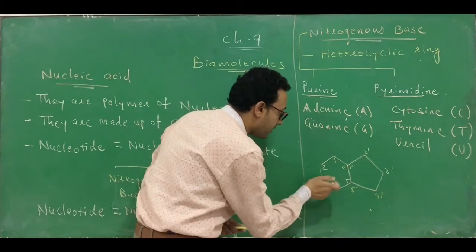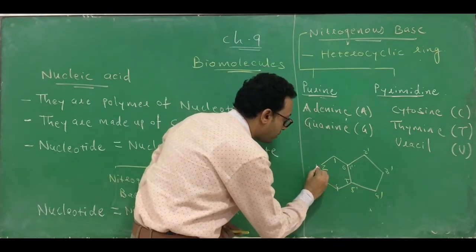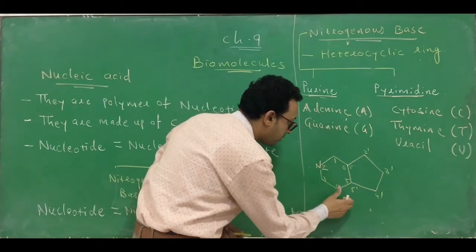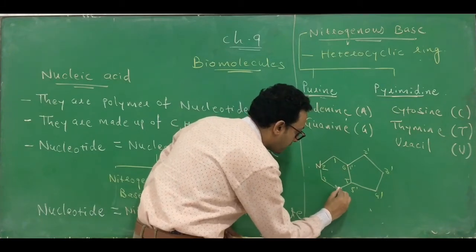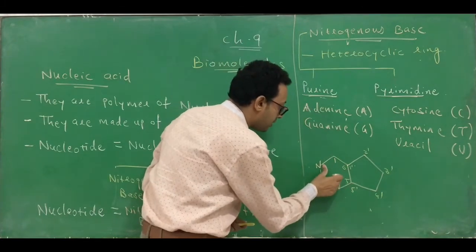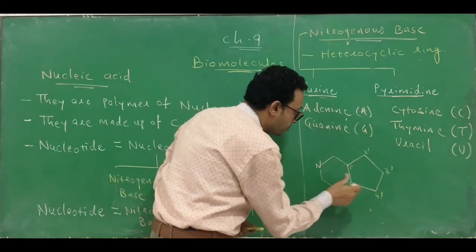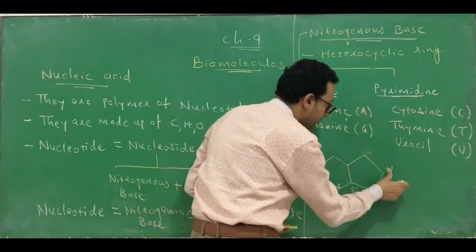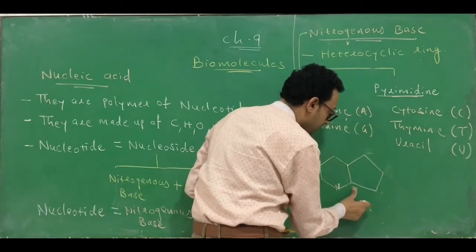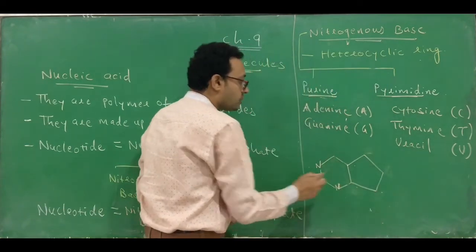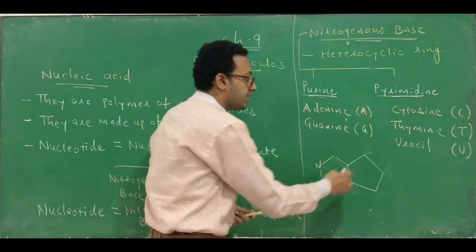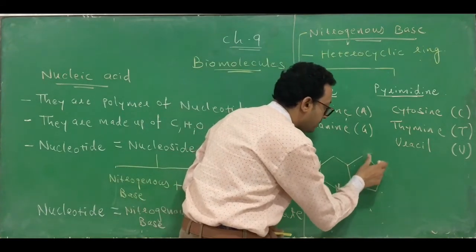So where are the nitrogens present? One nitrogen is present over here, another is present over here. I just wrote down the numbers so it's easy for you. Even in the 5-member ring, nitrogens are present.